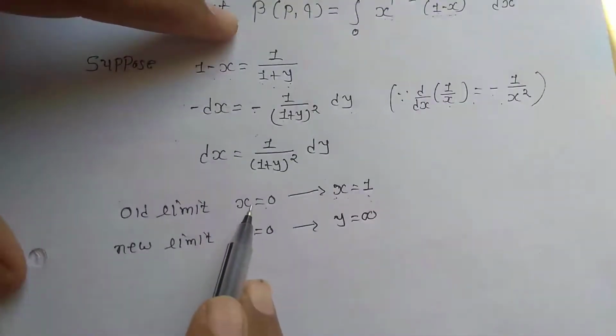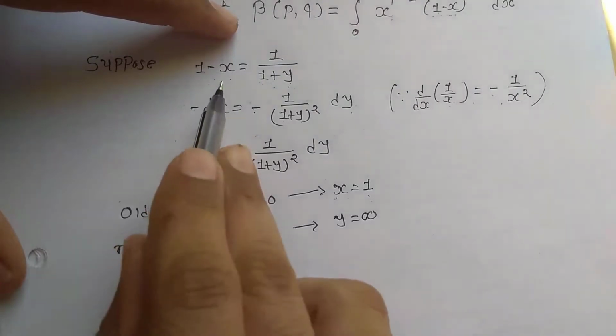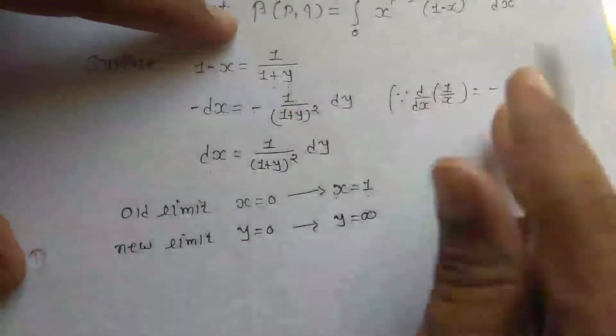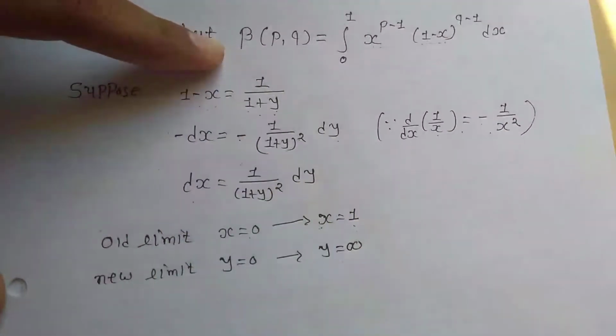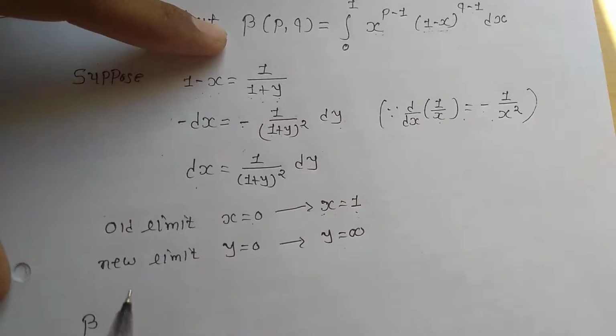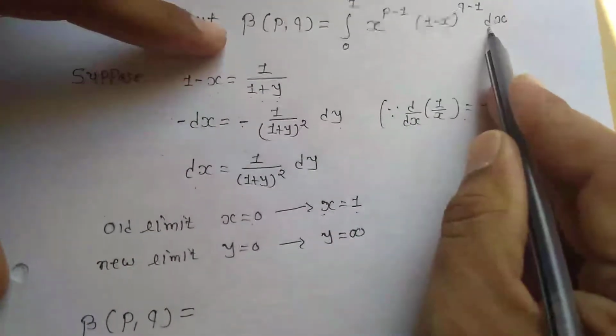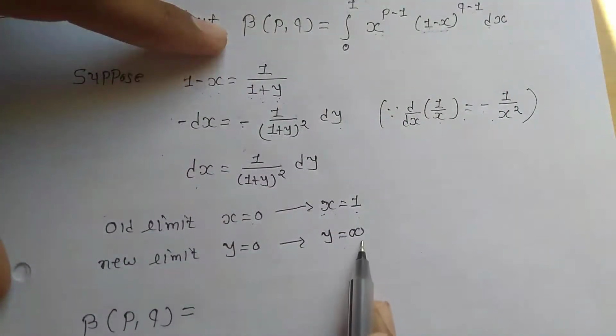Now put dx, 1 minus x, and also the limit in our definition, and it is beta of p comma q is equal to, here limit is 0 to 1 for x, but new limit is 0 to infinite.